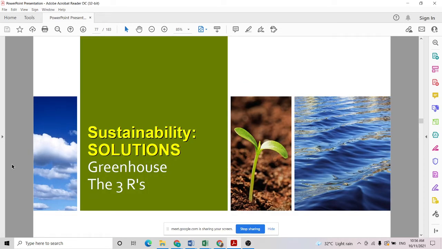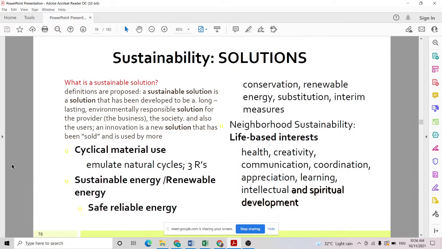So what is the sustainability solution? When we talk about pollution, we need to know what the solution is. So this is the common solution we can adopt.